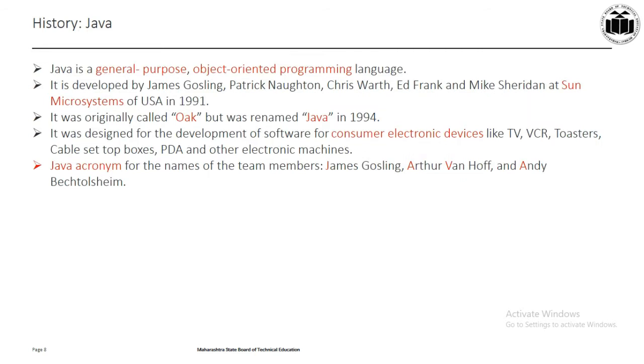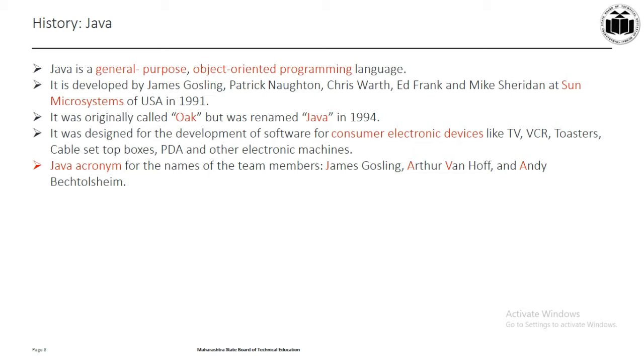So let us start with the history of Java. Java is a general purpose object oriented programming language. It was developed by James Gosling, Patrick Naughton, Chris Warth, Ed Frank, and Mike Sheridan at Sun Microsystems. It was originally called Oak but was renamed Java in 1994.